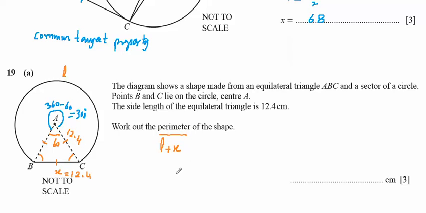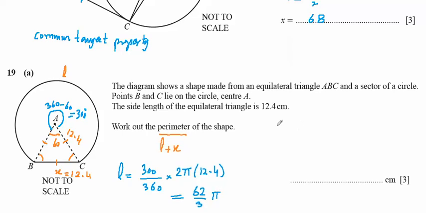So this arc length L will be equal to 300 divided by 360 times the circumference, so it will be 2 pi r. If it is area, it will be pi r squared. The radius is 12.4, so we simplify this, and it is better to keep the answer in terms of pi. So it is 62 over 3 pi. This is the arc length.